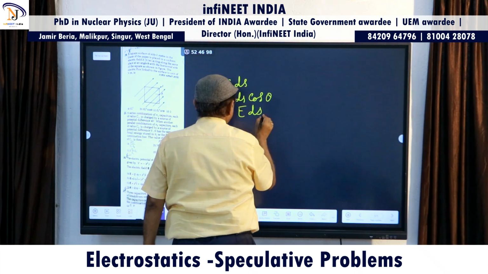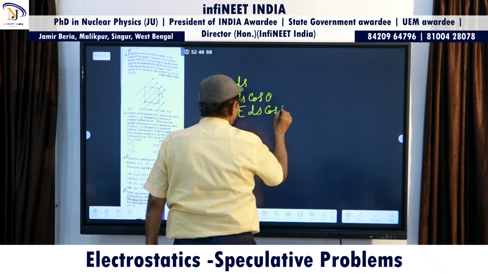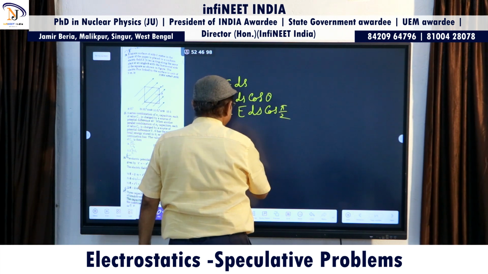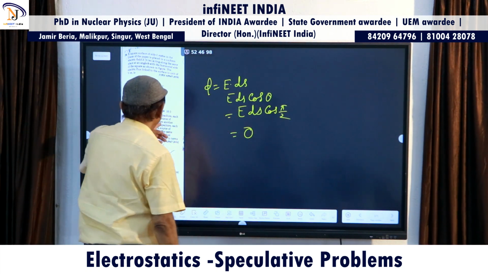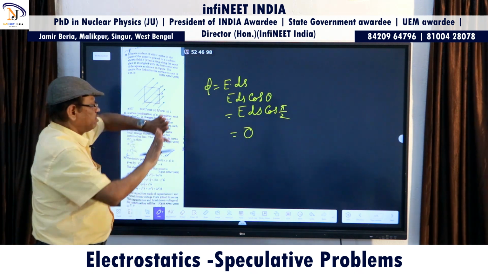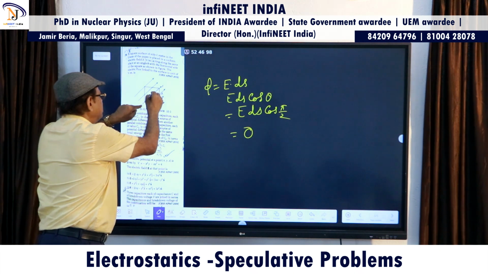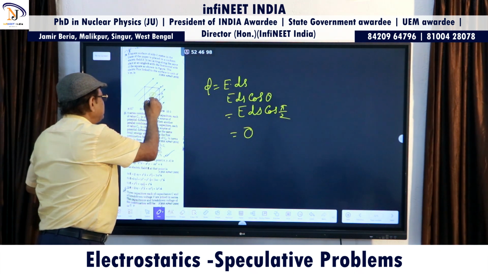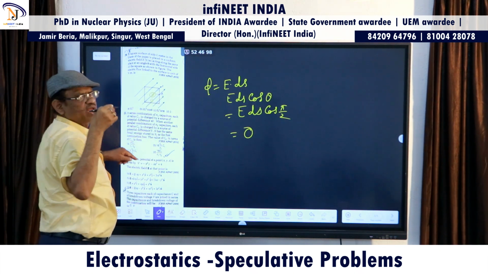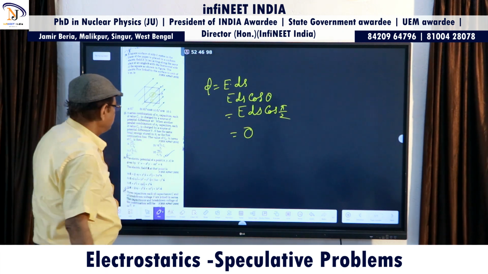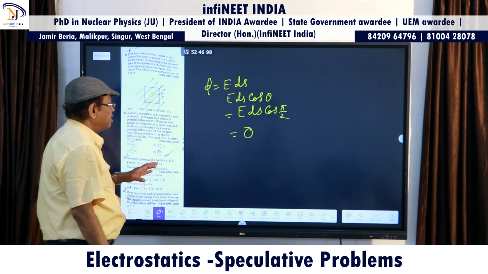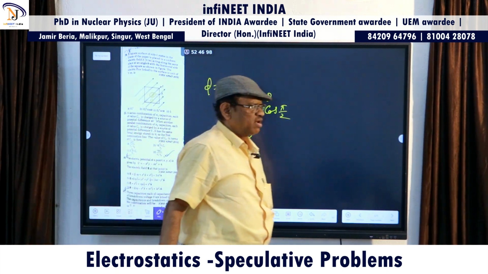Cos of pi by 2, 90 degree, then it is 0. So what should be the answer? 0, because they are acting in this direction, perpendicular to this. Either this or in this way. Clear? So what is the next problem? Am I clear? Take a photograph.